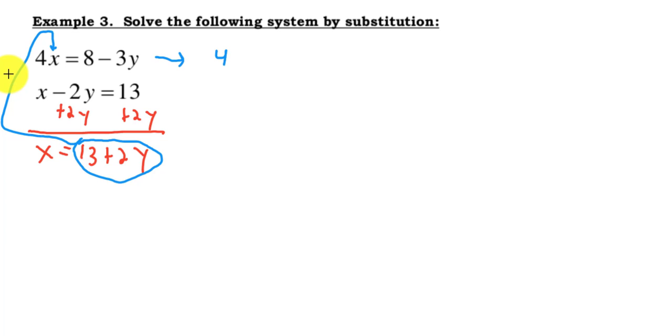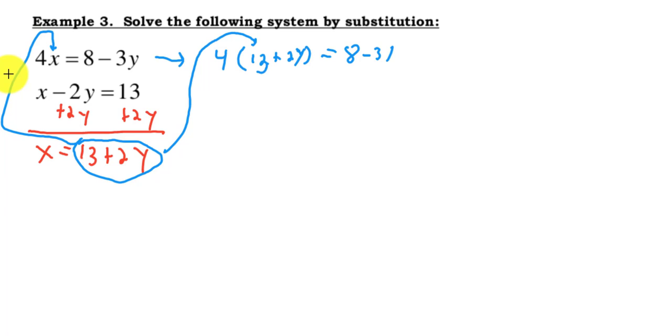So instead of writing 4 times x, I'm going to write 4 times, open parentheses, equals 8 minus 3y, and we're going to drop this value in for x. 13 plus 2y. I made a boo-boo, I wrote 12. There you go, 13 plus 2y. My handwriting is quickly degrading. All right.